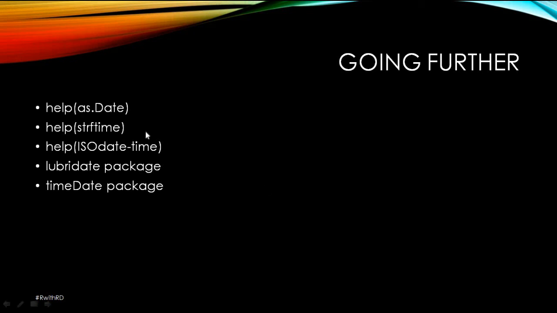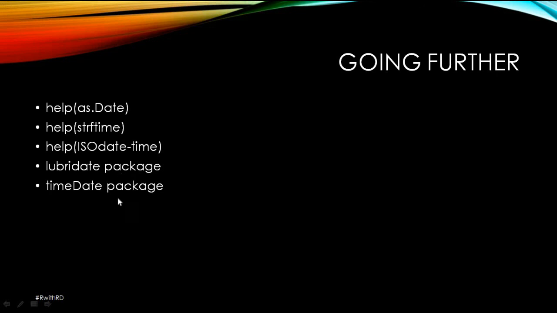Okay, you can go to help as.Date format to get the online help on dates. Likewise, you can also find help for strftime. That also will give you a lot of inputs about the date formats and formatting dates. Likewise, you can also seek help on ISO date time formatting, and there's another package called the lubridate package and the timeDate package.